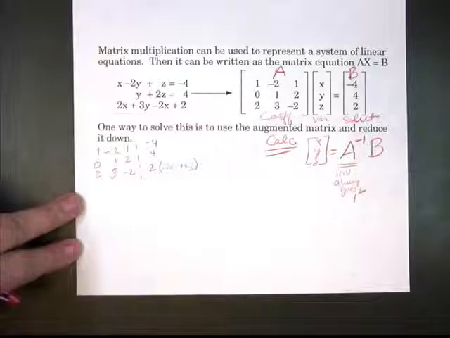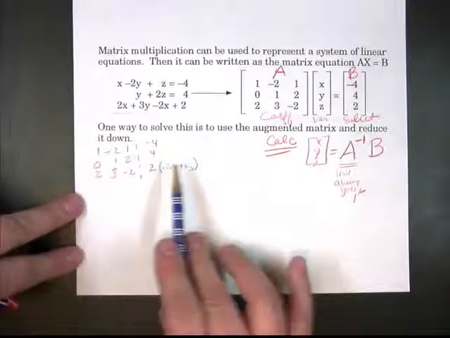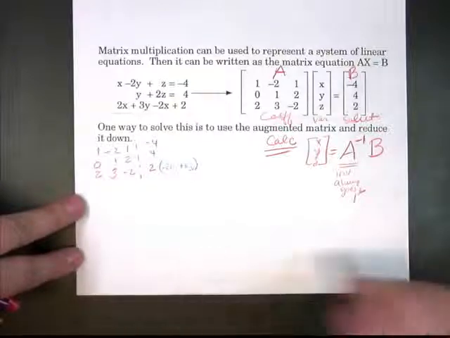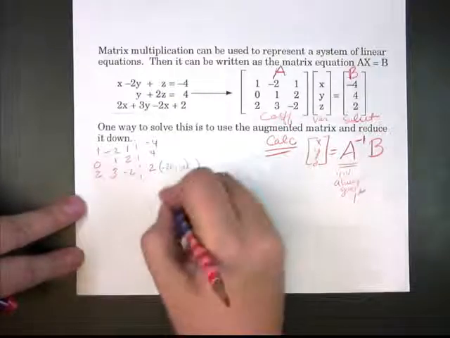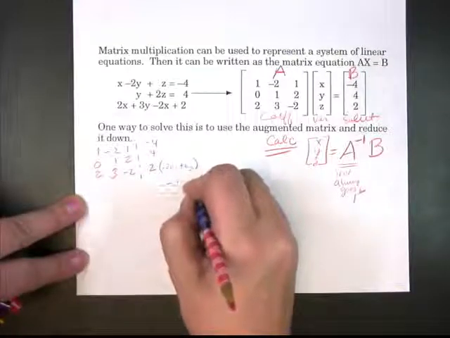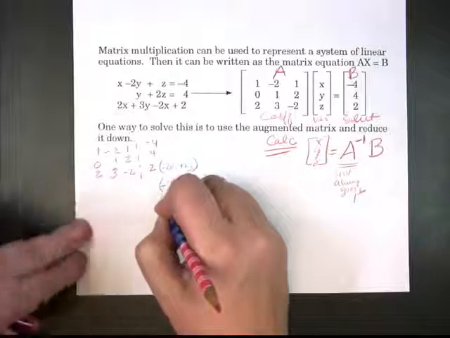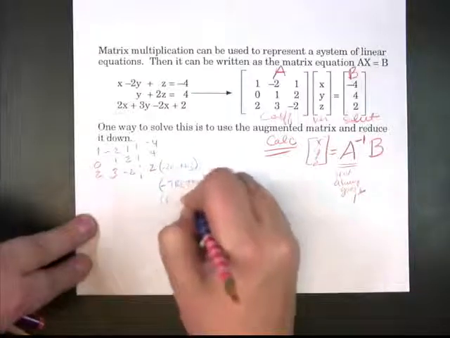That means row 1 is going to stay put, row 2 is going to stay put. And I'm going to give you the rules, and I want you to do it by hand. Then do -7 times row 2, add it to row 3. Then I want you to do row 3 divided by -18.